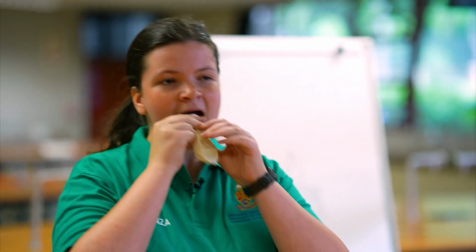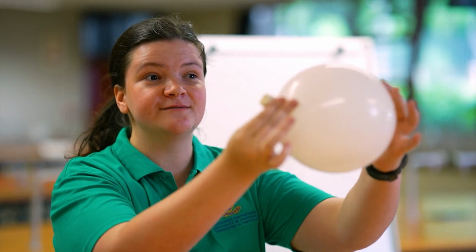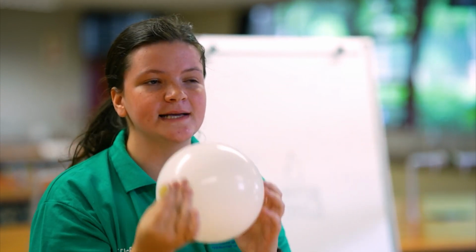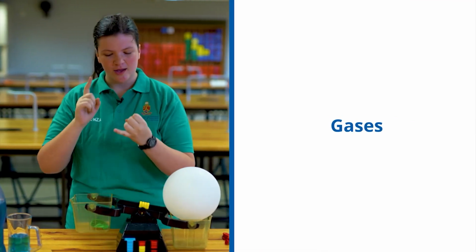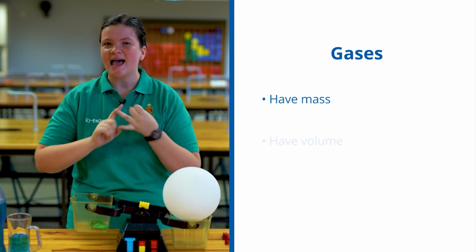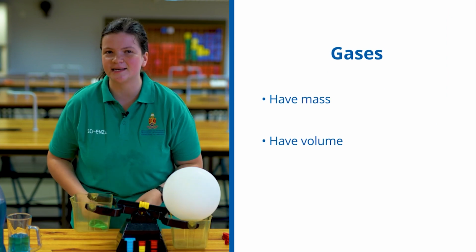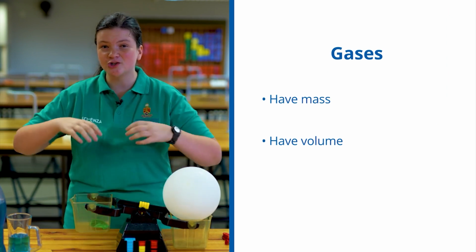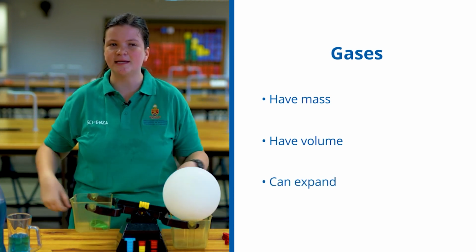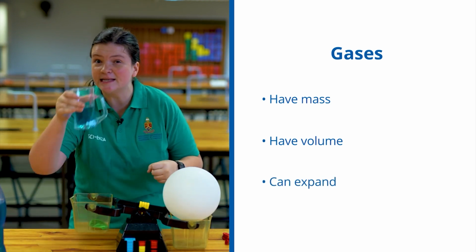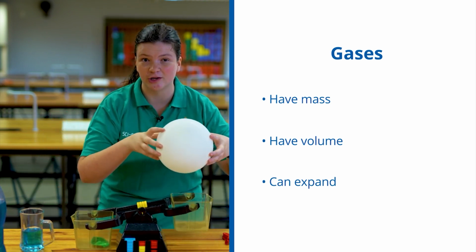And the air has volume because it's what makes the balloon expand. So, gas has mass and it has volume, which means it's also made of matter. But what makes gas super cool is that gas can expand, which means that it doesn't just fill up a little bit of the volume, but it fills up the whole volume.